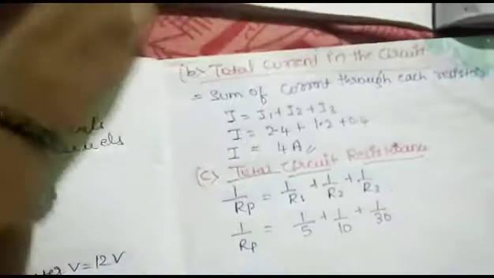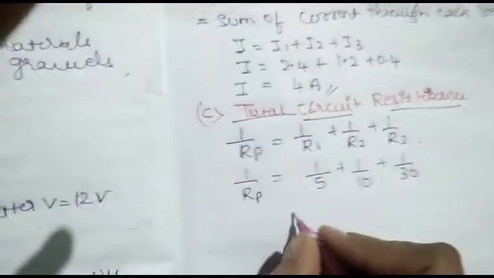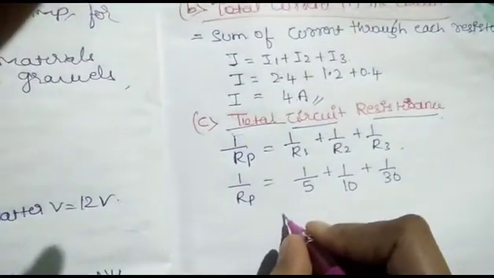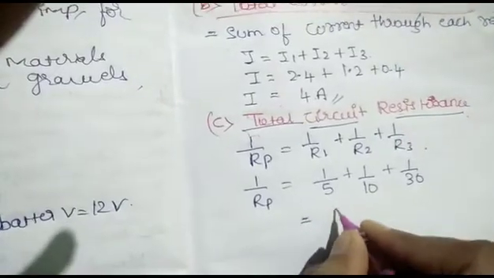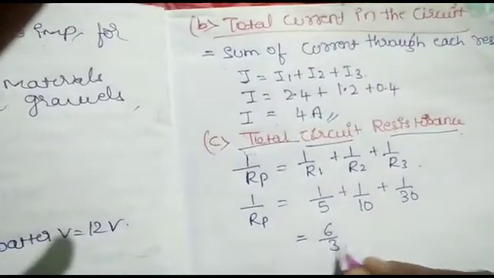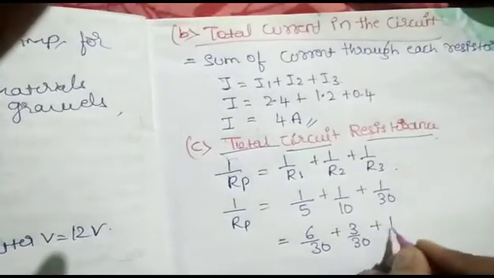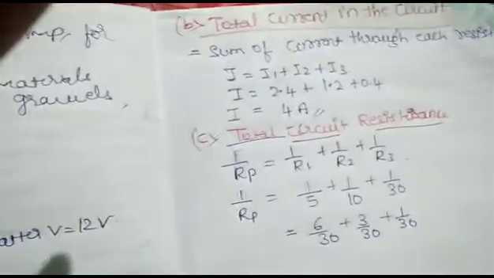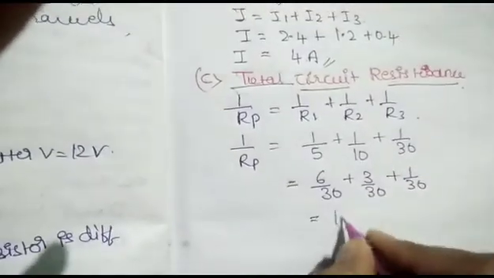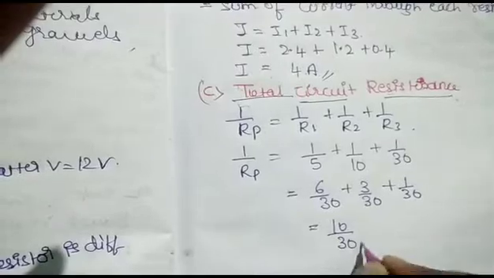So you know the fraction method, you already learned in maths class: 6 divided by 30 plus 3 divided by 30 plus 1 divided by 30. After taking the LCM, we get 10 divided by 30.